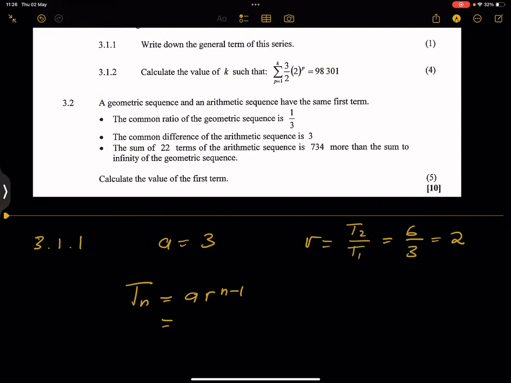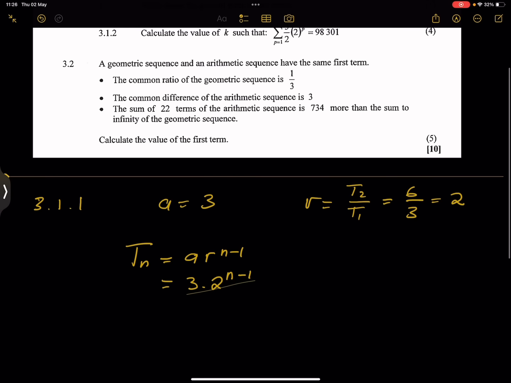So this is going to be 3 times 2 to the n minus 1. Now remember that we can also write this in this manner. So this would be 3 times 2 to the exponent n multiplied by 2 to the minus 1.